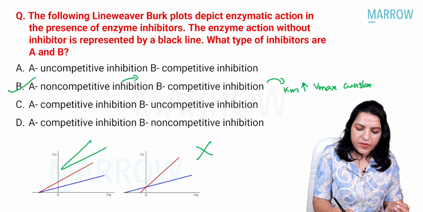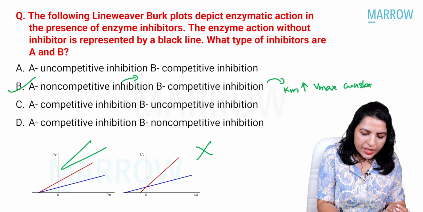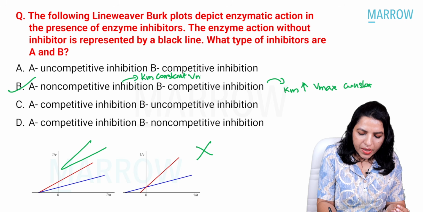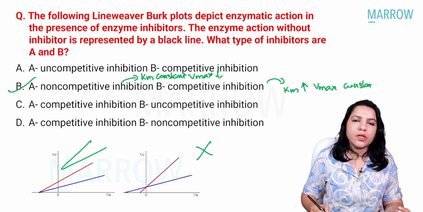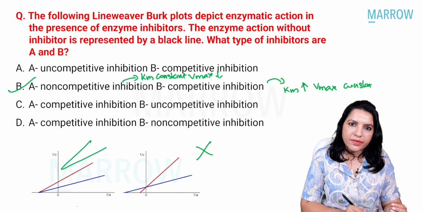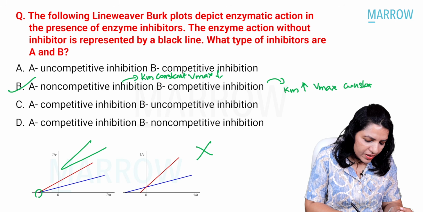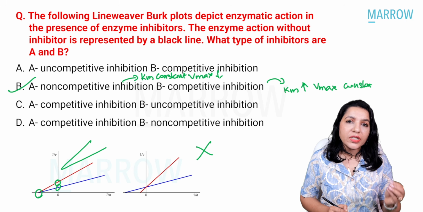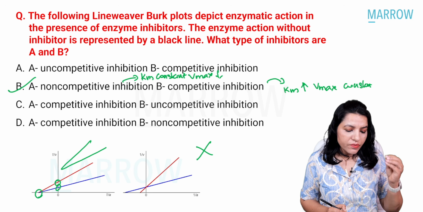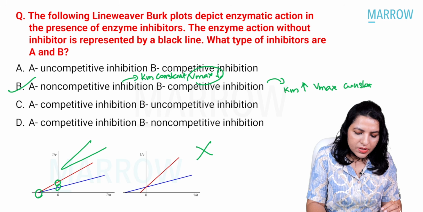In non-competitive inhibition, we know that the Km is constant, but Vmax is reducing. Okay, now just see the x-intercept and the y-intercept. So we see that this is the x-intercept and this is the y-intercept. So in the case of non-competitive inhibition, we know that the Vmax is reduced.